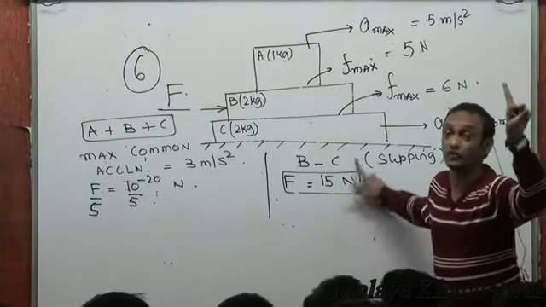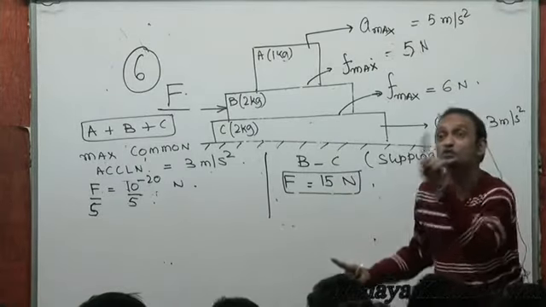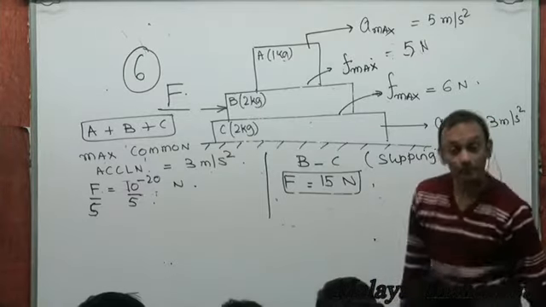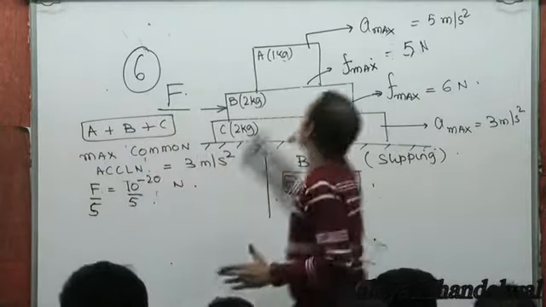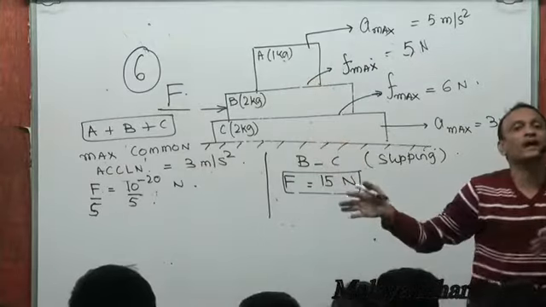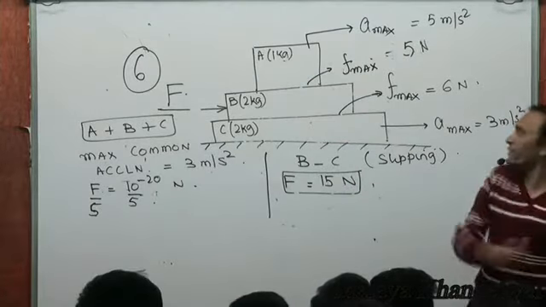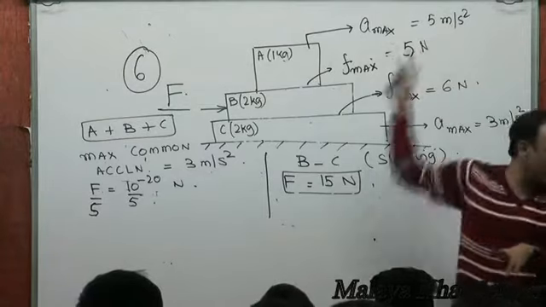So this is one state. F equal to 15 newtons is one demarcation point. The second demarcation point would be commencement of slipping between A and B, and that happens when they acquire a common acceleration of 5 meters per second squared.